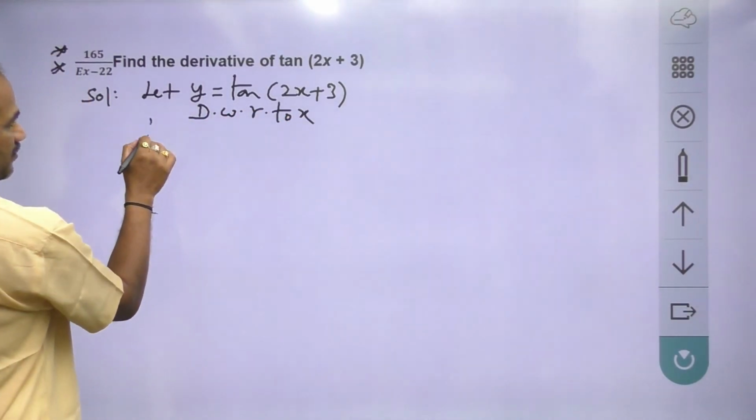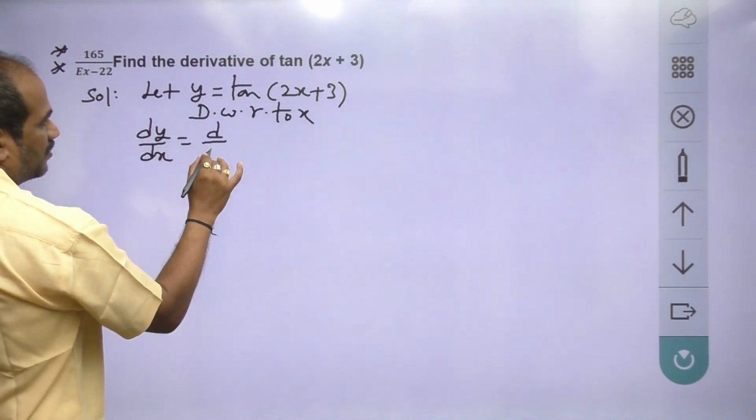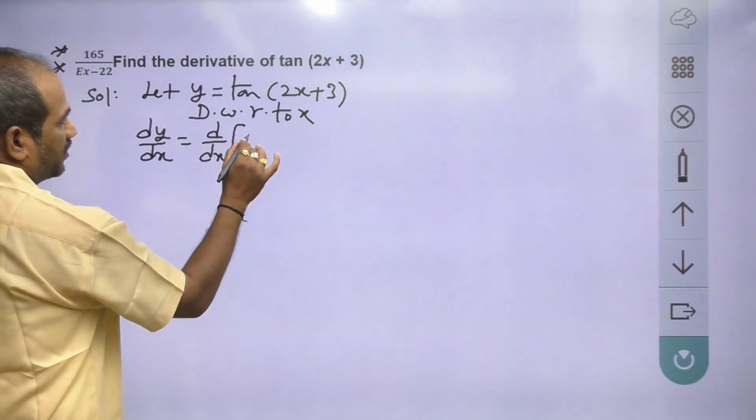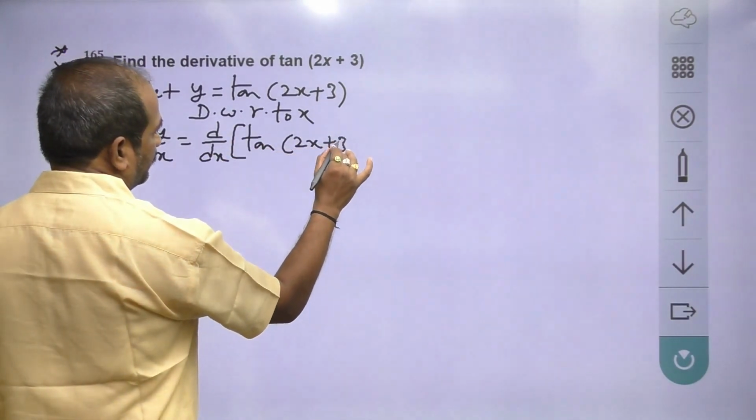So the derivative of y, dy by dx, is equal to d by dx of tan of 2x plus 3.